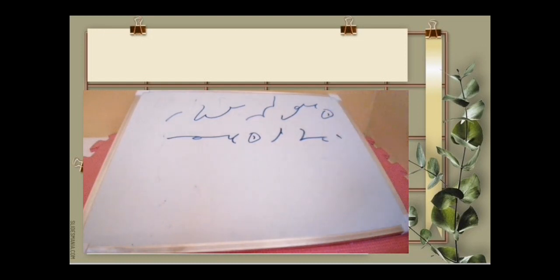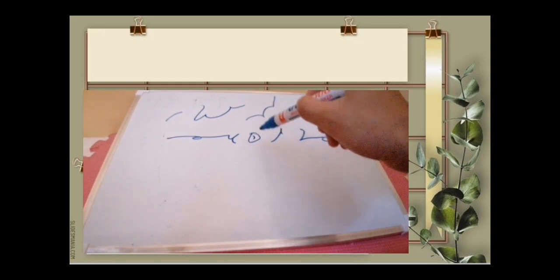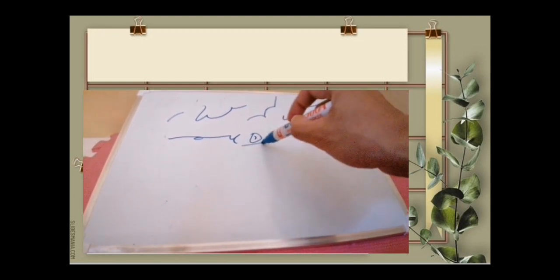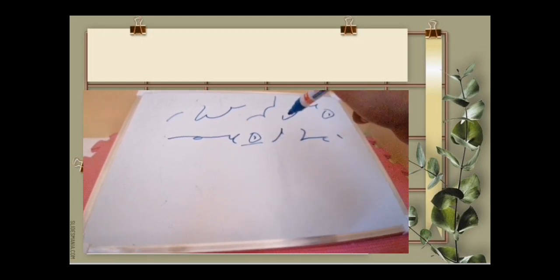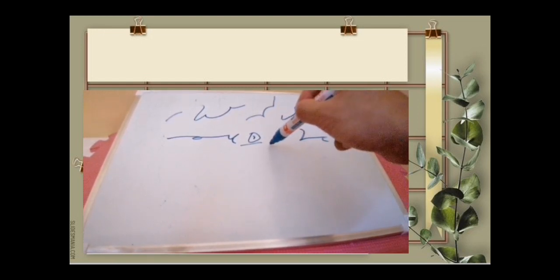So we can see here that we write the comma before the conjunction and.